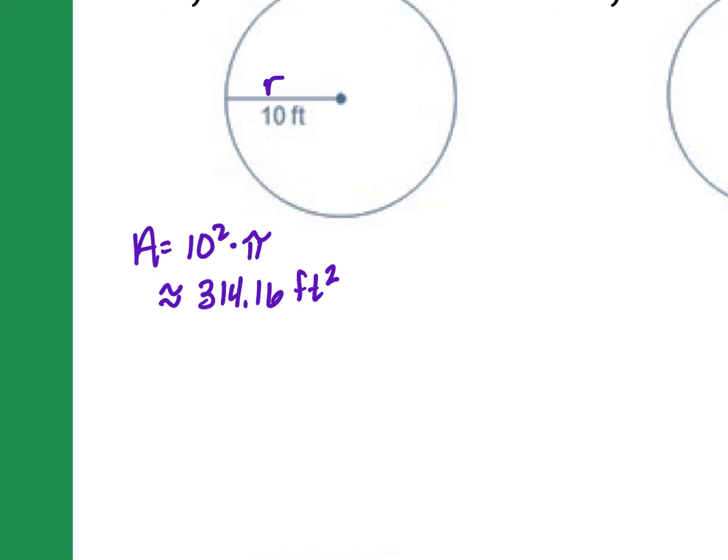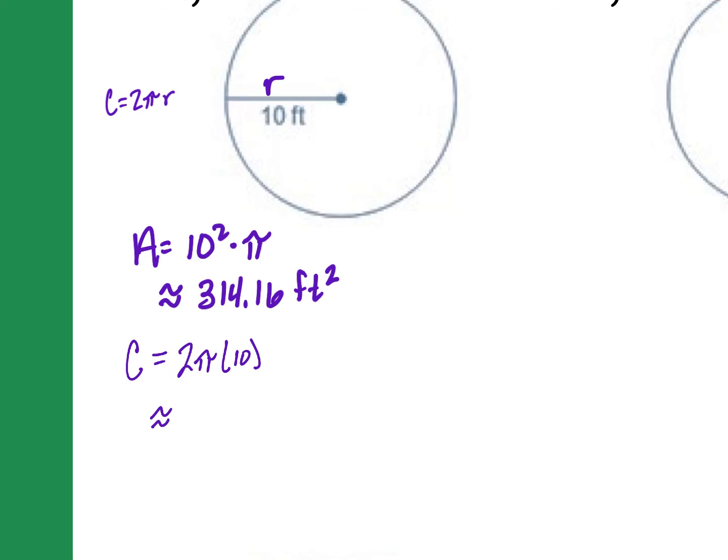I know. So C, my circumference is, remember circumference is 2 pi r. I have my radius, so circumference is going to be 2 pi times my radius, which is 10. And then I'm just going to put that into my calculator.